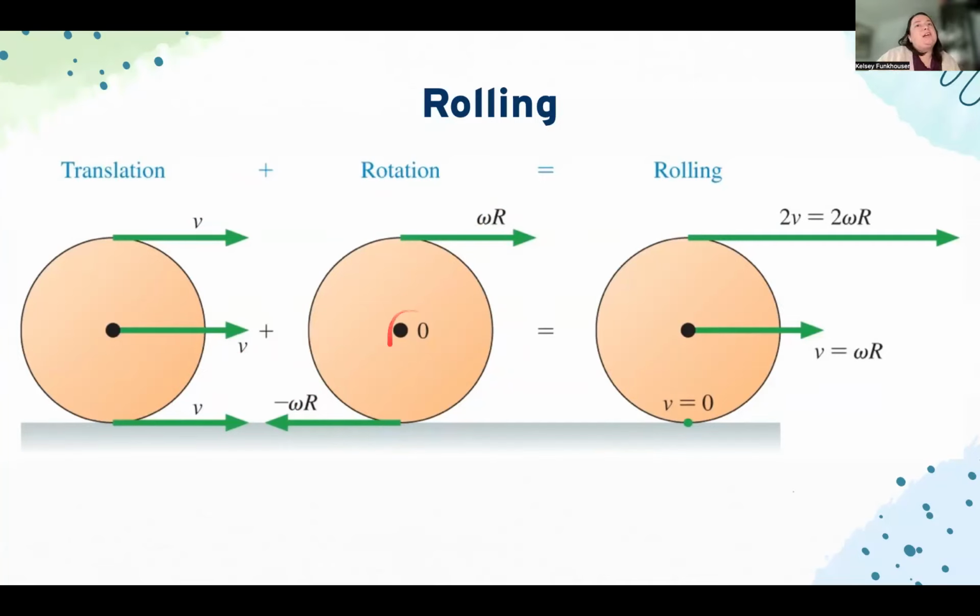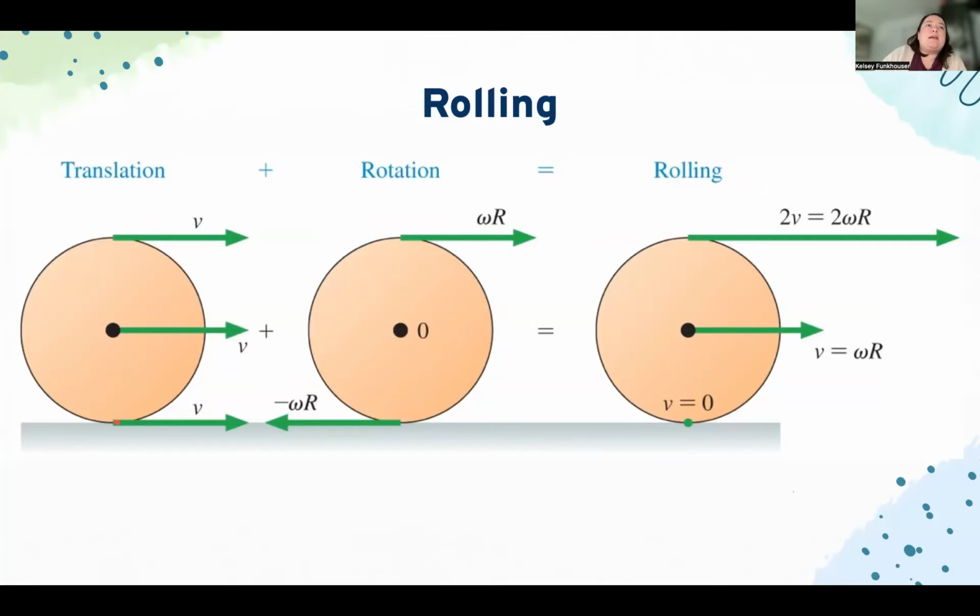And then the center isn't rotating. When we combine these, on the top, we end up with double the velocity because it's spinning and moving translationally. In the middle, we just end up with the velocity from before because in rotation, it wasn't moving. But then the bottom part of the wheel has no velocity.